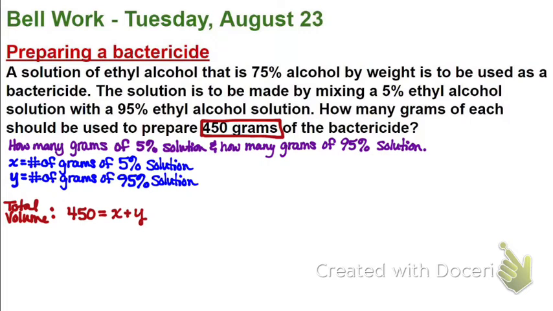What else do we know we want in our final product? Percentage of alcohol. We want it to be a 75% alcohol by weight bactericide. So I'm going to call this concentration.